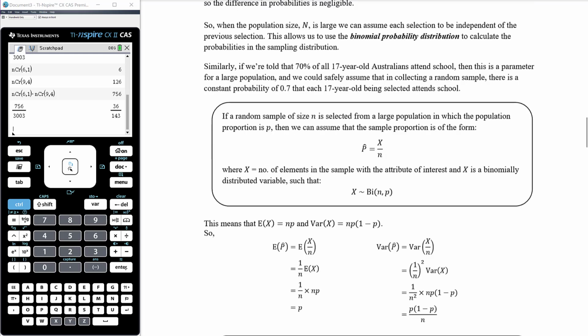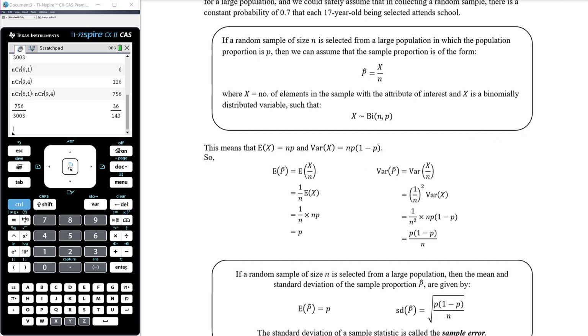So this means that the expected value of X is np, because it's a binomial variable, we know that, and the variance of X is np times 1 minus p. And so we can calculate the expected value of p hat, because we've got this connection, x over n, and remember, we have these properties: the expected value of aX plus b is a times the expected value of X plus b.